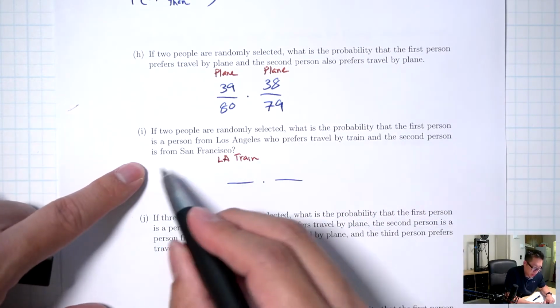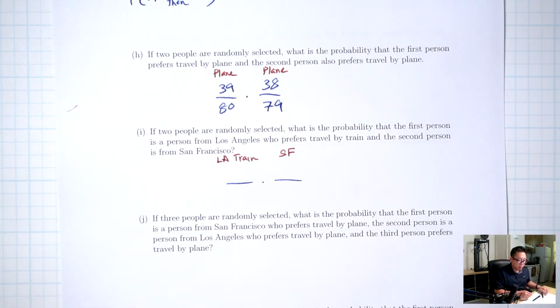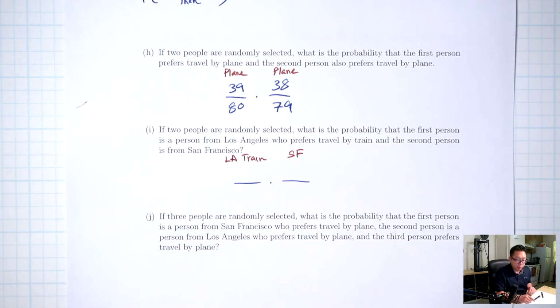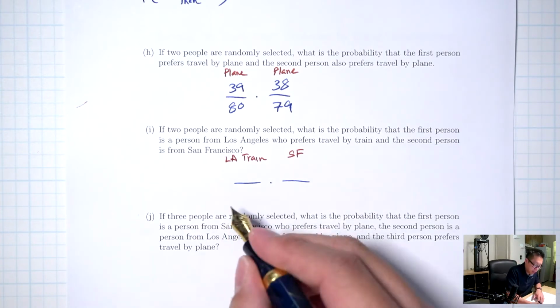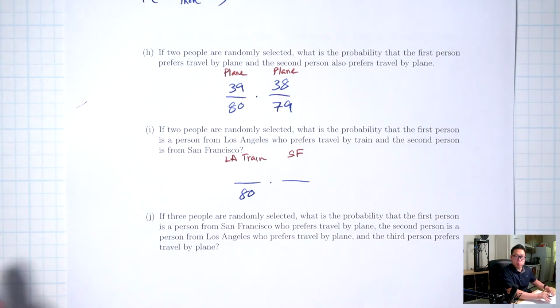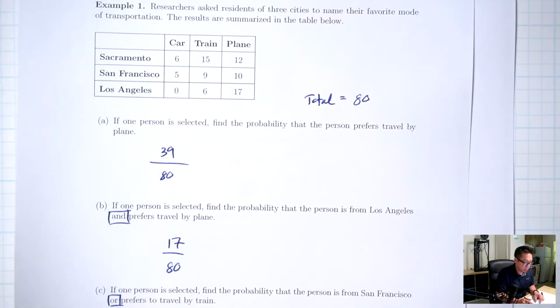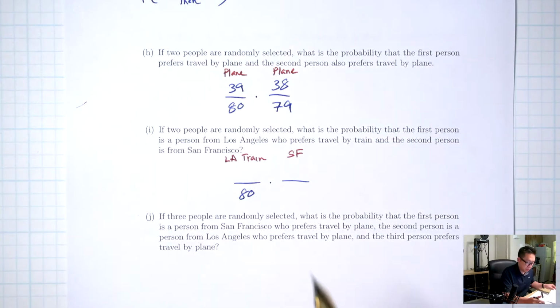Second person is from San Francisco. First fraction, the bottom is going to be everybody, which was 80. For the top, I want LA train people. So LA train, 6.